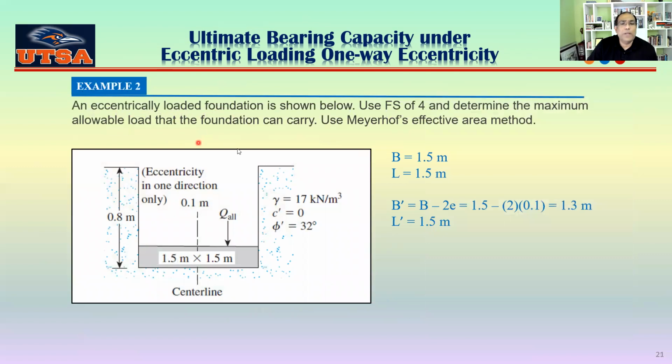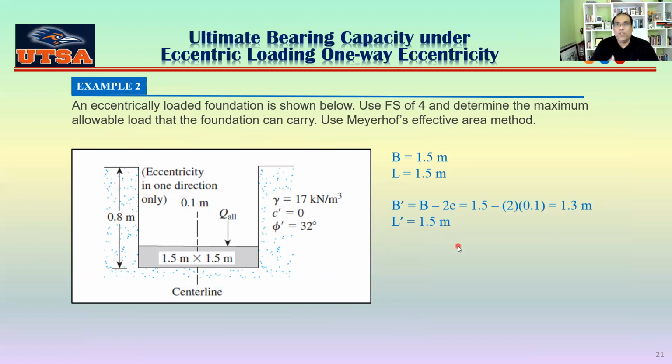Now there is an example here. This is a square foundation, 1.5 meters by 1.5 meters, and your eccentricity is 0.1 meter. So B and L are both 1.5. Your B prime would be B minus 2e, so 1.5 minus 2 times 0.1, which is 1.3, and your L prime is 1.5.